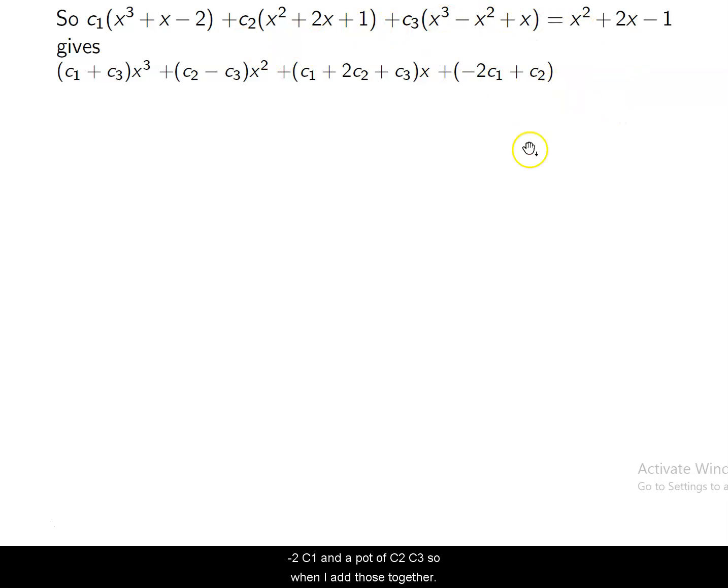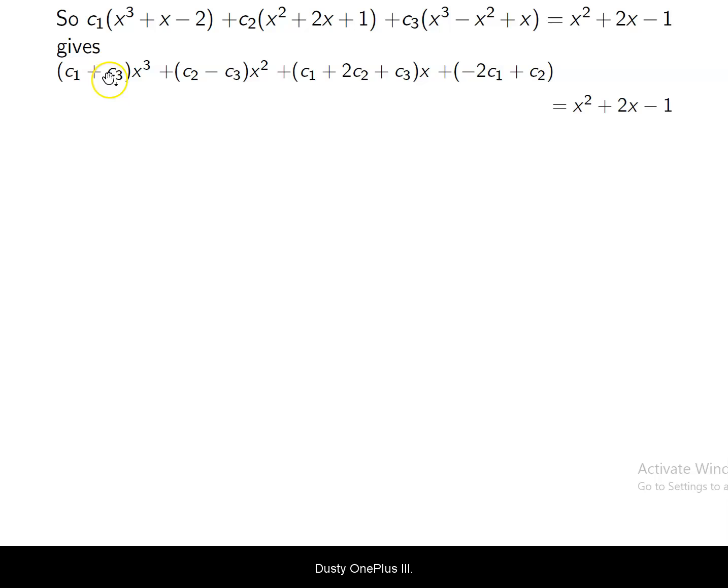When I add those together, all I did was rearrange things. I factored all the x cubed terms, the x squared terms, the x terms, and the constant terms, and that should still equal x squared plus 2x minus 1. Now that allows me to take my coefficients and equate them to what I have on the right hand side.